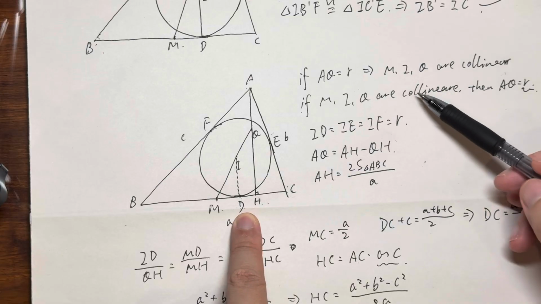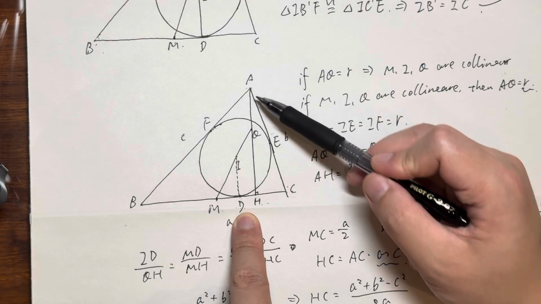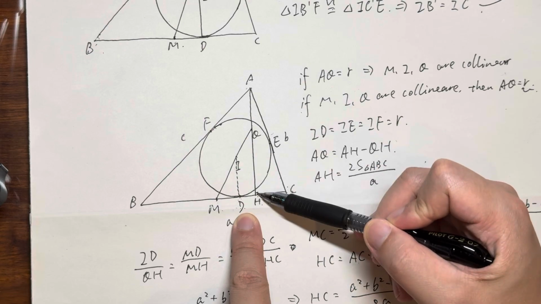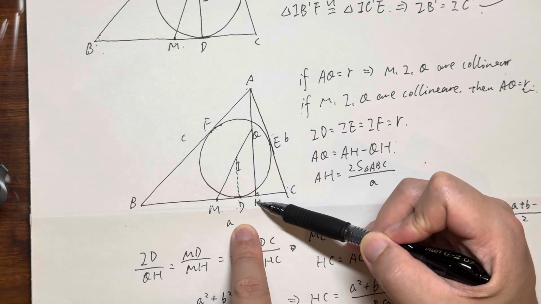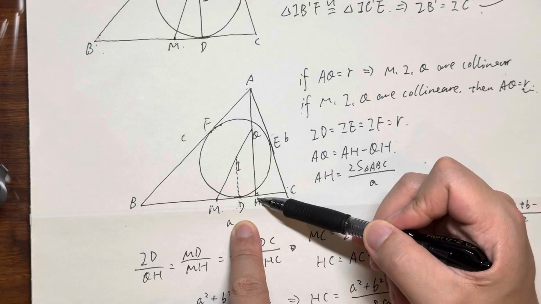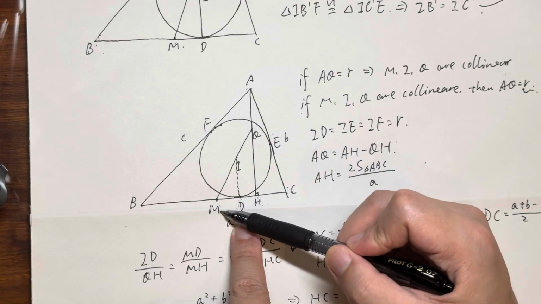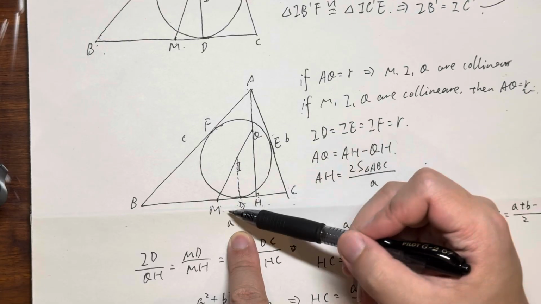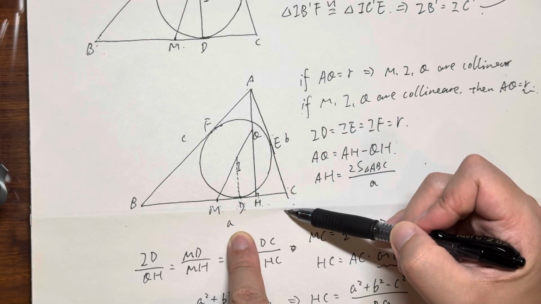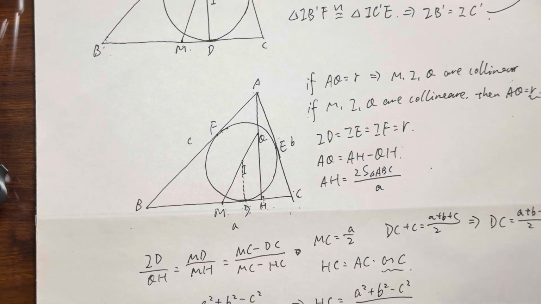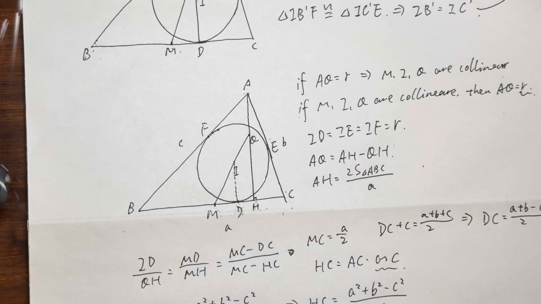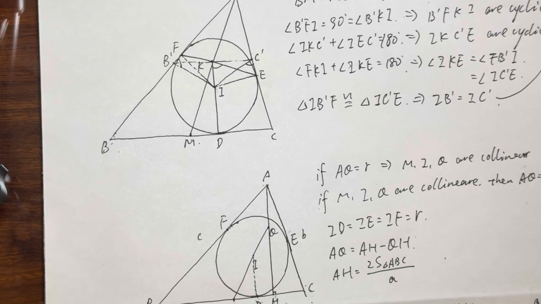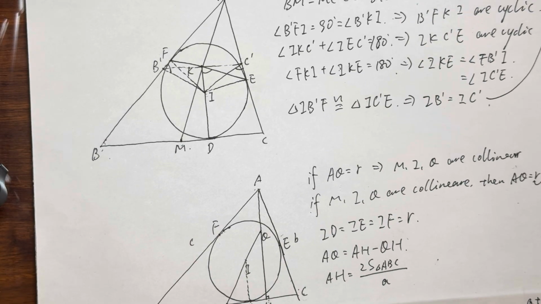Because we know AQ equals R, we know the length of QH, and the ratio of ID to QH, which means based on the length of DH and the ratio, we can find the length of MD. We already know the length of DC, so we just need to prove that MD plus DC equals half of A. It's just a reverse calculation.